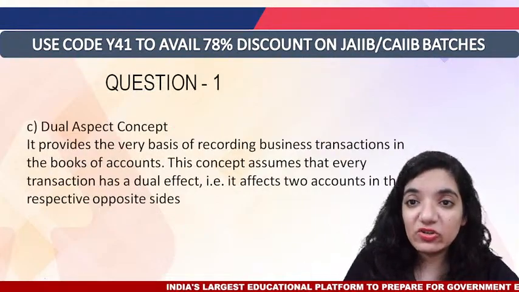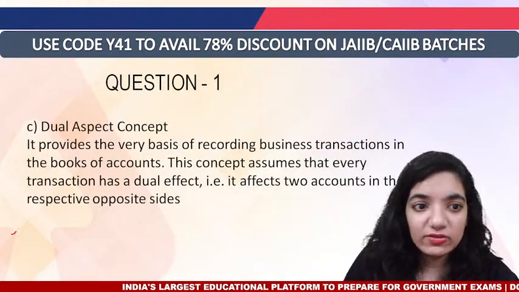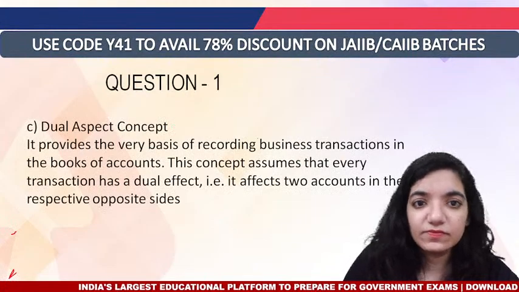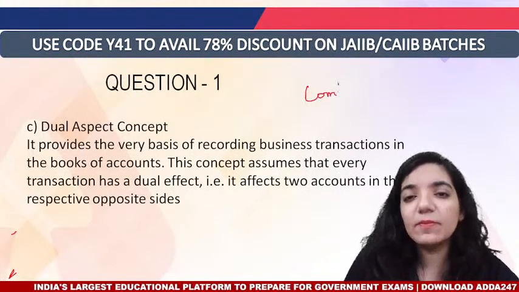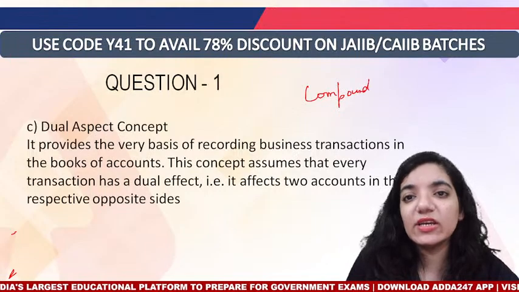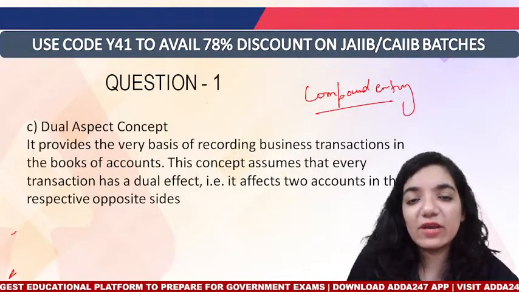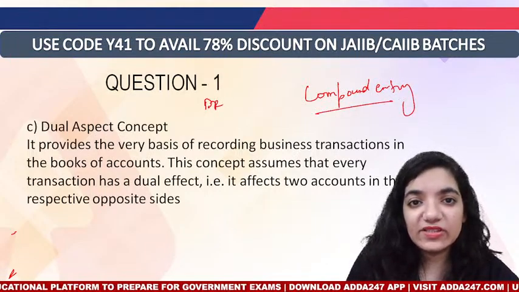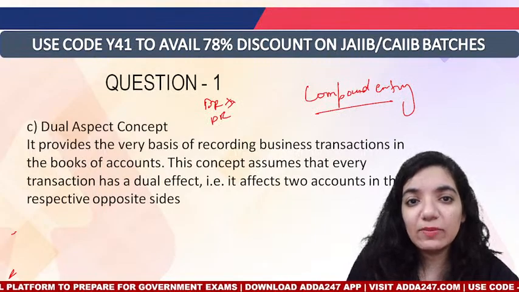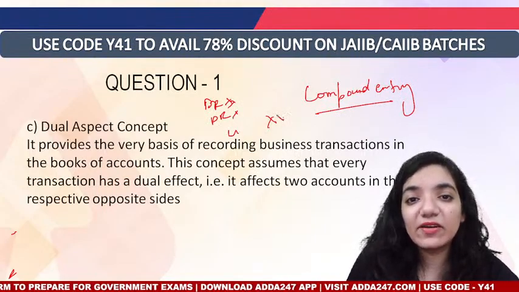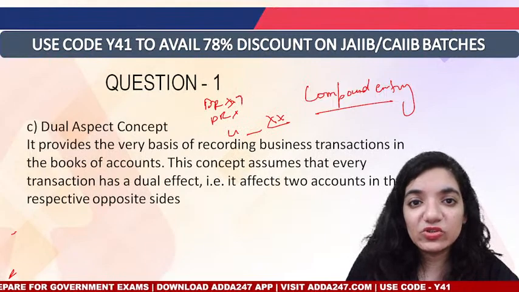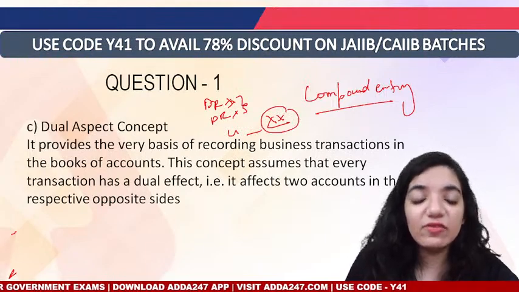But because of the exception called the compound entry, in the compound entry, there is a debit side, there might be two debits, and there can be one credit. So basically, what we do is we total the debits and then we total the credit.